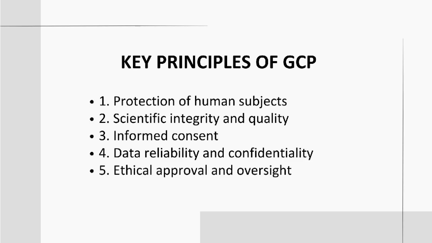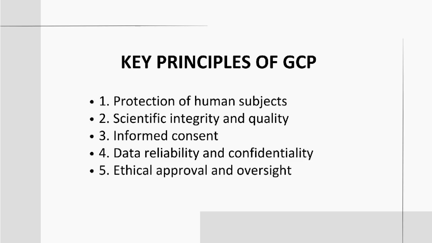Section 4, Key Principles of GCP. GCP is based on several key principles, which serve as the foundation for conducting ethical and scientifically sound trials. These include protection of human subjects: participants' rights, safety, and well-being must always come first. Scientific integrity and quality: research must be well-designed, robust, and free from bias.